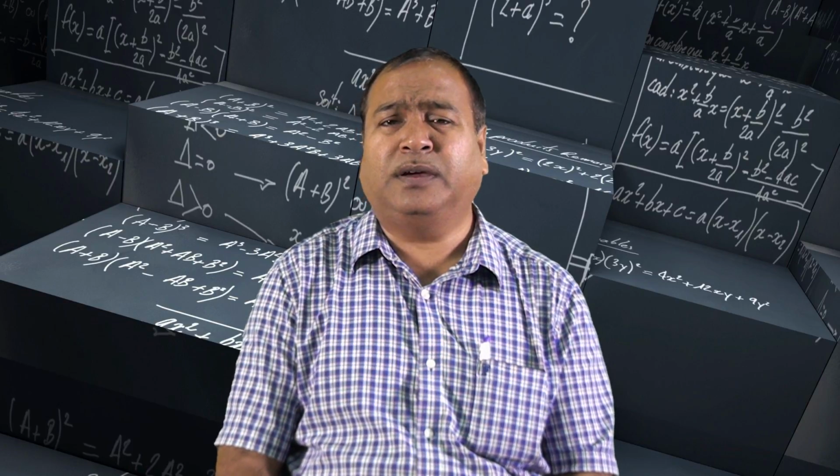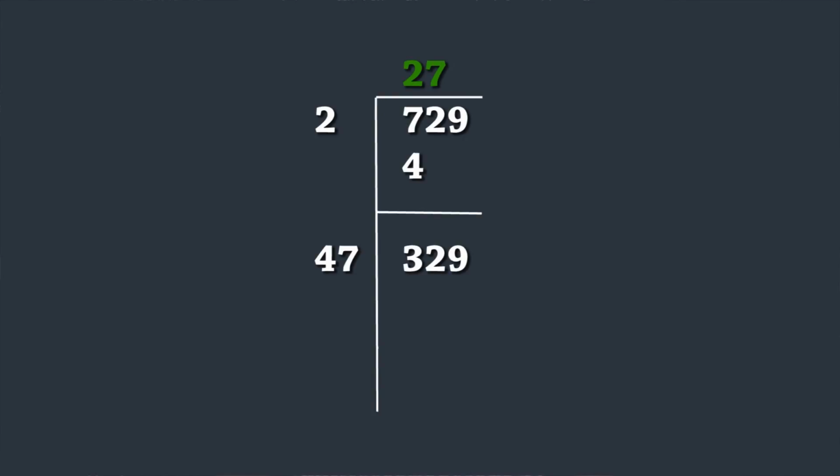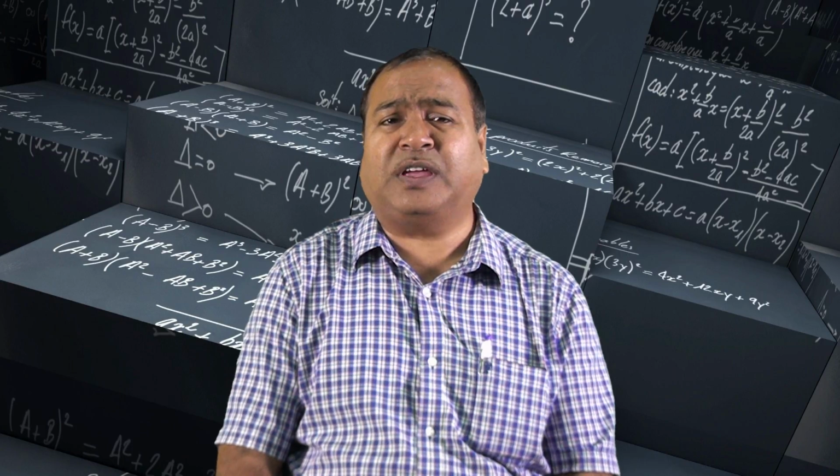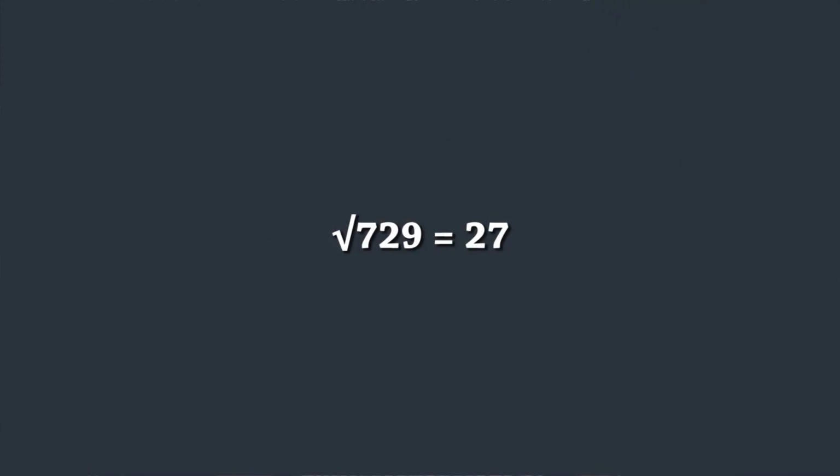In this case, 47 into 7 is equal to 329. Now, since the remainder is 0 and also no digits are left in the given number, we conclude that the square root of 729 is equal to 27.